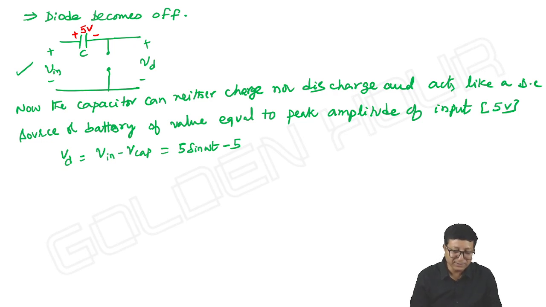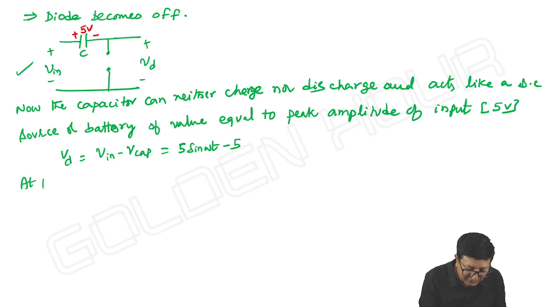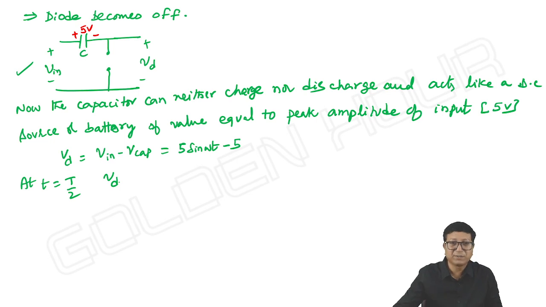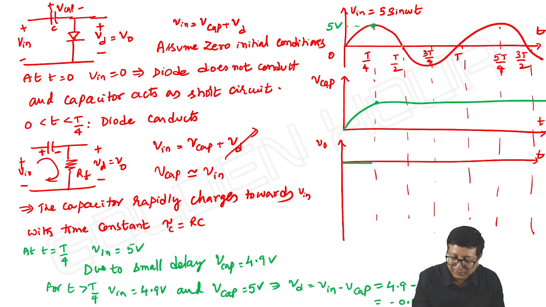Okay. Now, at t is equal to T by 2, what is our VD? T by 2, I'm speaking. After one more quarter cycle, input is falling by 5 volt, but the capacitor voltage is not changing. Then what happens to the output? Whatever change you have in input has to appear across the output.